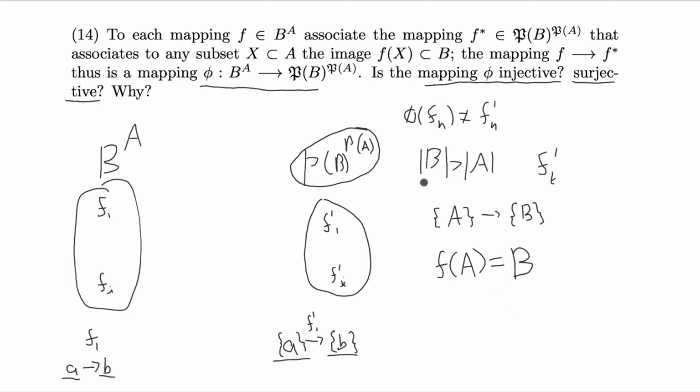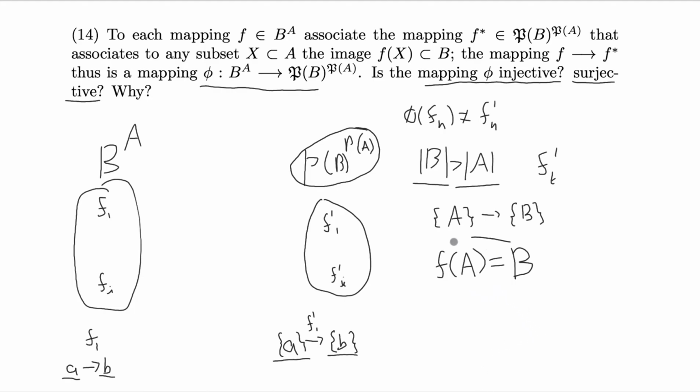This is because, as we mentioned, the cardinality of B is greater than the cardinality of A. So this would be a map that sent one element in A to multiple elements in B, which is impossible because mappings, by definition, send one element to exactly one other element, or at most one other element in B.